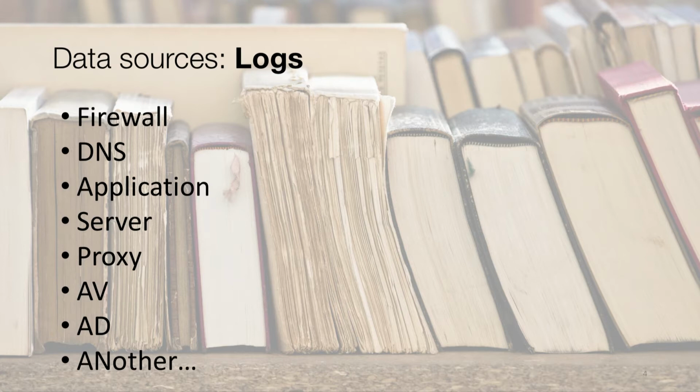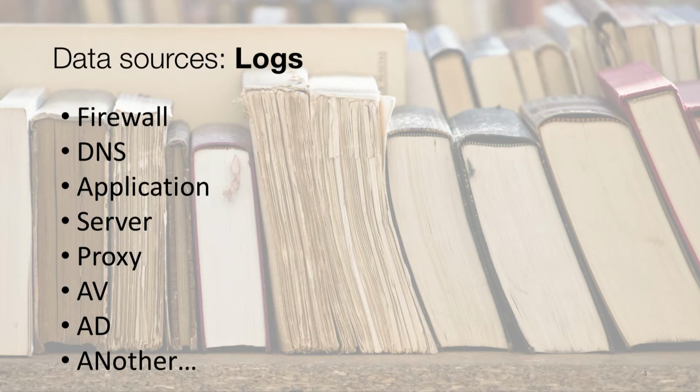DNS is a great source for doing things like botnet detection or finding users who are going to weird sites, for example. Similarly, server logs and proxy logs do a very similar thing. The other thing is, of course, traditional systems often ignore your custom application logs as well. So we really want to be able to bring pretty much everything you've got in. Your security department now gets to just suck whatever data it wants into it.